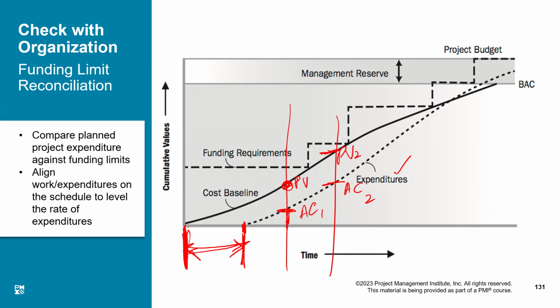Maybe, I'm not sure, maybe our expenditure line is moving something like this. So this line in red is my line of actually how much I have completed, right? So my earned value is going to be, maybe start from here. This is my earned value.